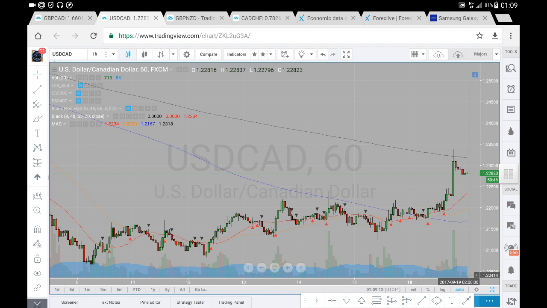So on US dollar CAD, based on the weekly open, I'll be looking for bullish buy signals, also being aware of possible horizontal support and resistance, as well as dynamic support and resistance.